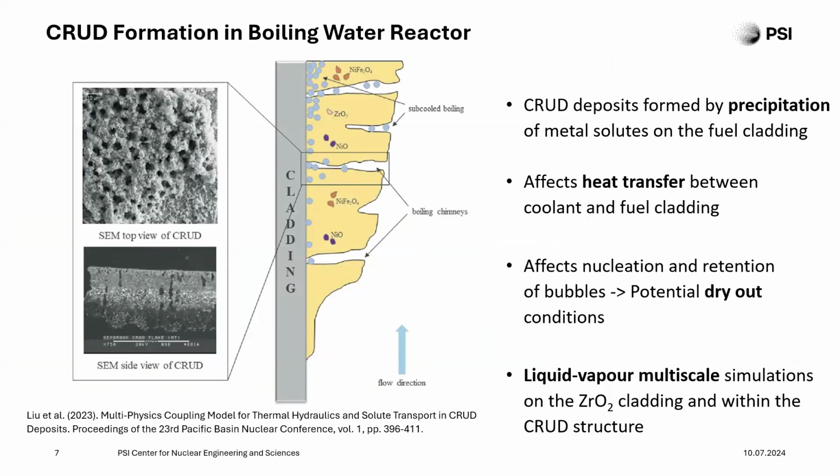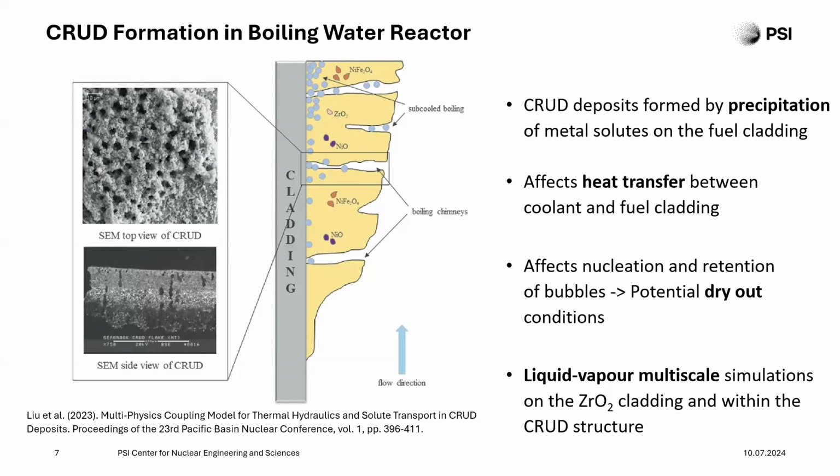The formation of the CRUD depends on the position of the fuel rod in the assembly, but it also changes depending on the place in the fuel rod. With the flow direction, you get a much higher concentration of CRUD on top, in the higher parts, than the lower. But what's important is that the CRUD affects the heat transfer between the coolant and the cladding.